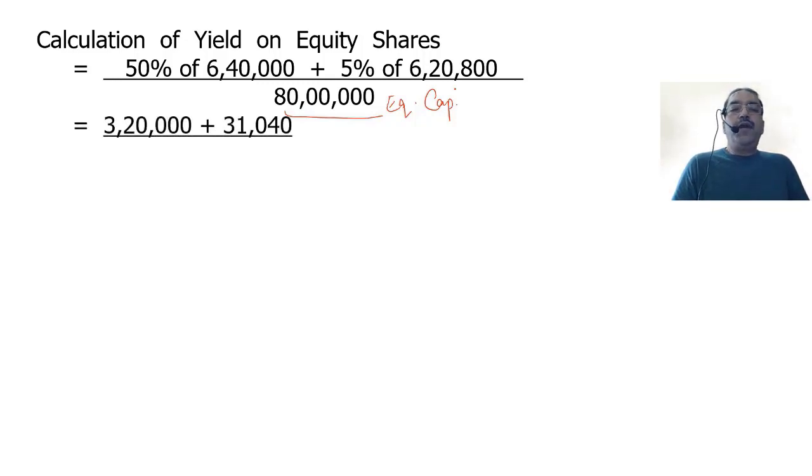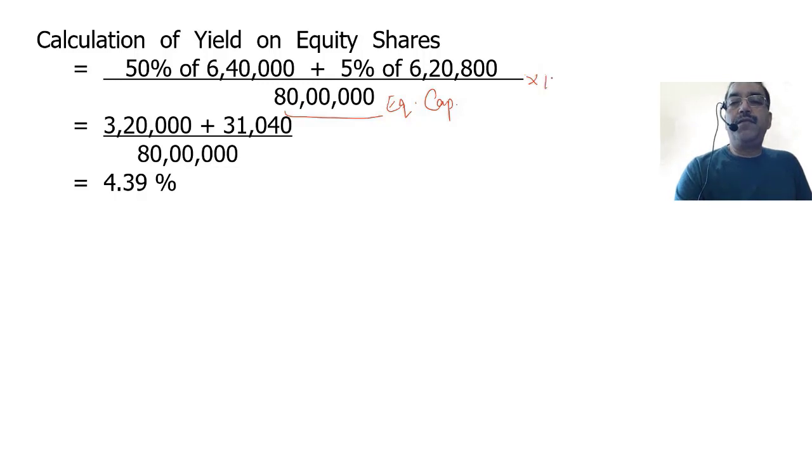So that comes to 3,20,000 plus 31,040 divided by 80 lakhs. In percentage form, multiply by 100, you get 4.39%.